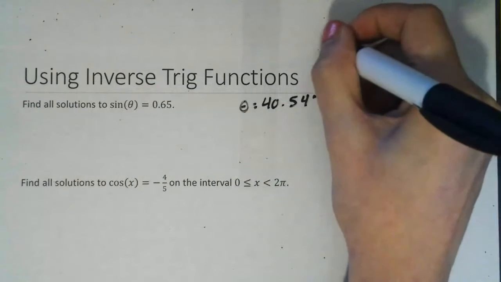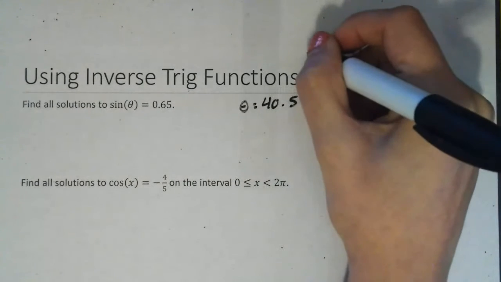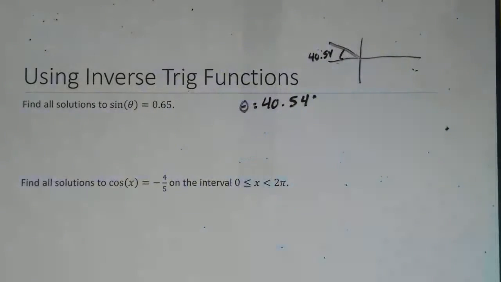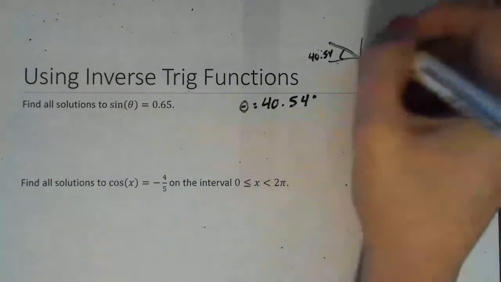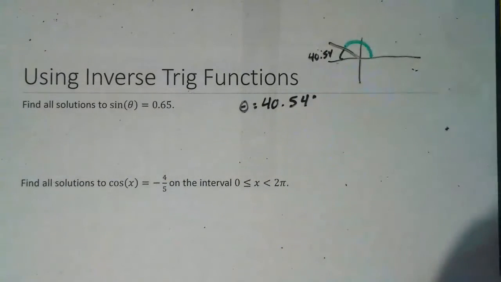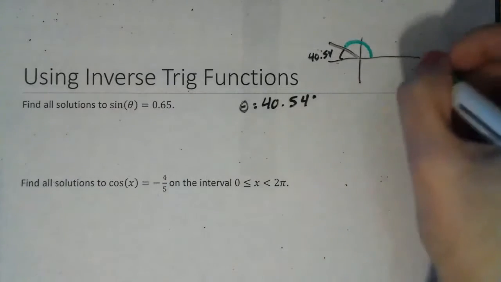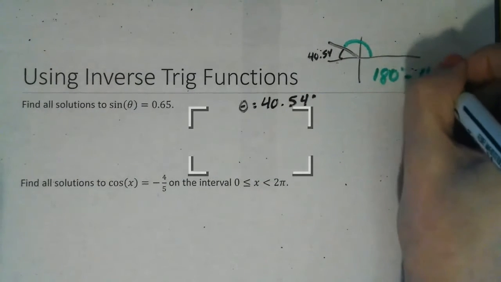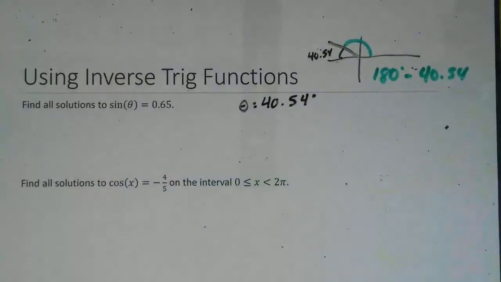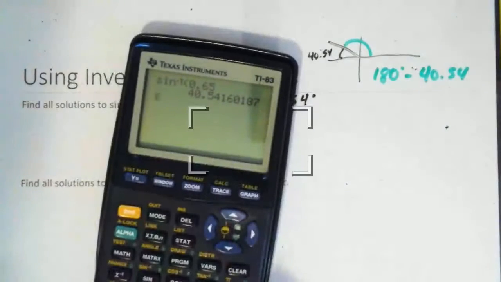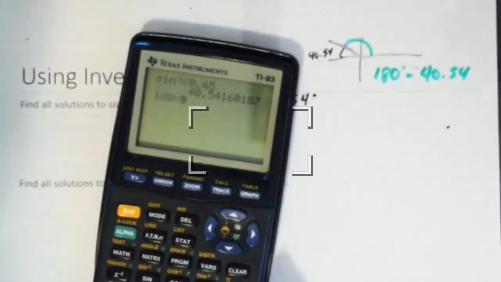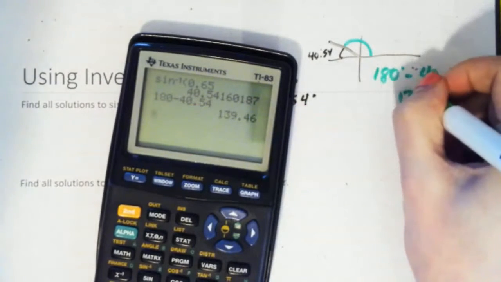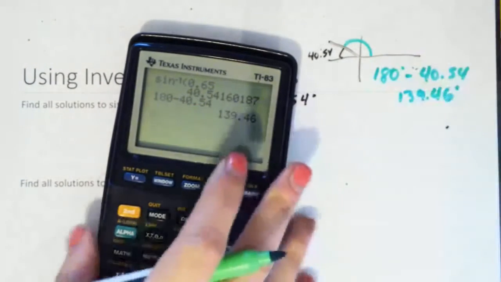So if I have a reference angle of 40.54 degrees, then I need to figure out what my actual angle is from here to here. To find that, I can do 180 degrees minus 40.54 degrees. And 180 minus 40.54 is 139.46 degrees.